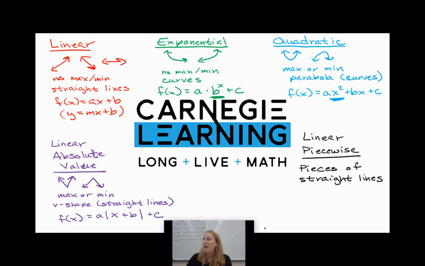They may or may not have a maximum or minimum. They may or may not have a parabola or curve, but these are the ones where you get something like negative 2 for x is greater than 0, and 1/2 x minus 2 for x is less than or equal to 0. These are the ones where it's more than one equation being shoved into one function because it's literally pieces of your lines.